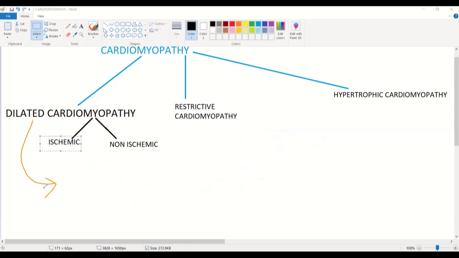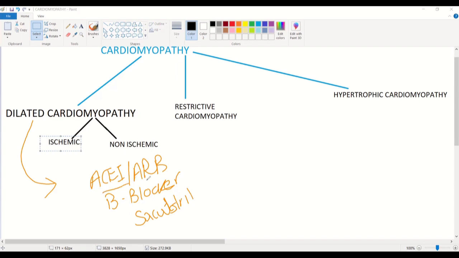Can anybody tell me about the treatment? ACE inhibitors, ARBs, beta blockers, diuretics, and sacubitril.